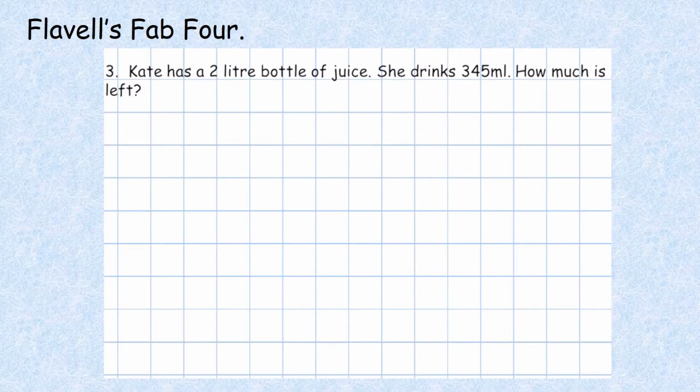So, Kate has a 2-litre bottle of juice. She drinks 345 millilitres. How much is left? Well, 2 litres is going to be 2,000 millilitres. Well, 2,000, that means you're going to have lots of zeros too. So let's make it 1,999, where we've actually subtracted 1. Okay, we've got to think about adding that 1 back on afterwards.